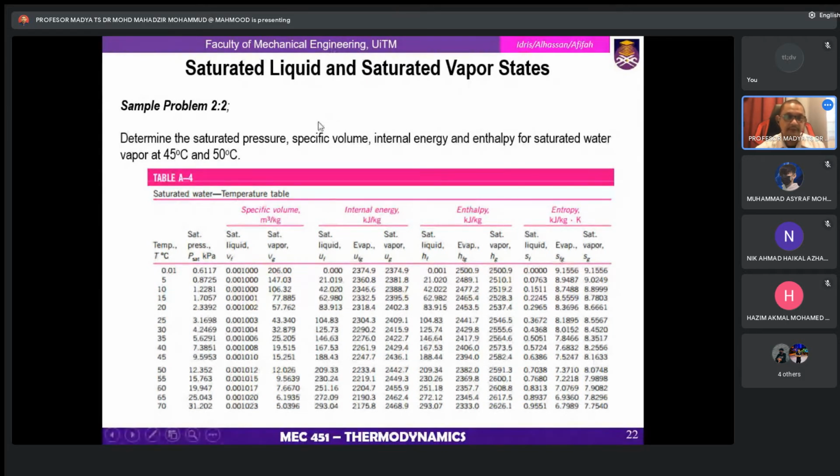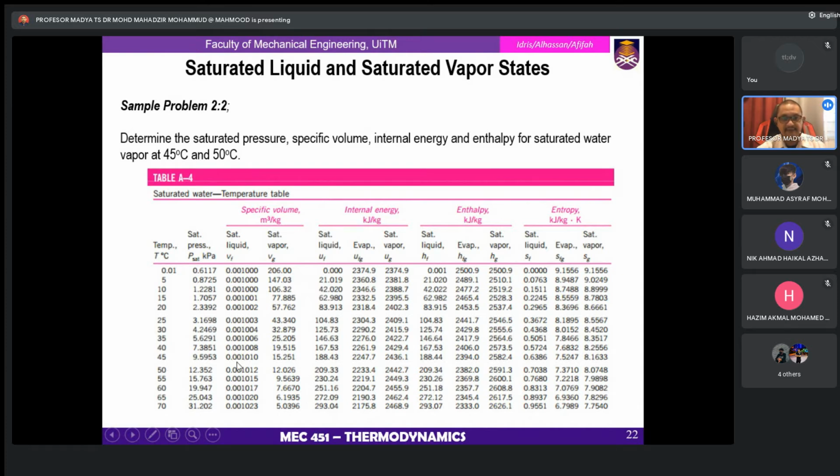If it is the saturated liquid, that means the specific volume must be vf. The f refers to fluid, or saturated liquid.